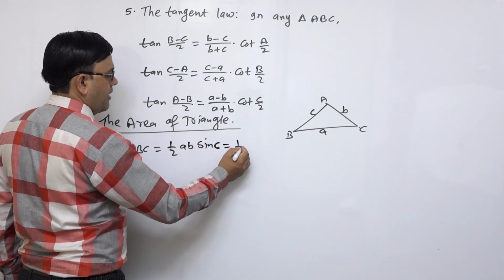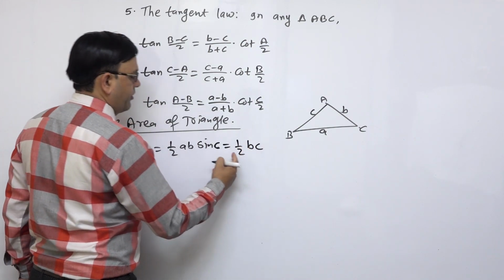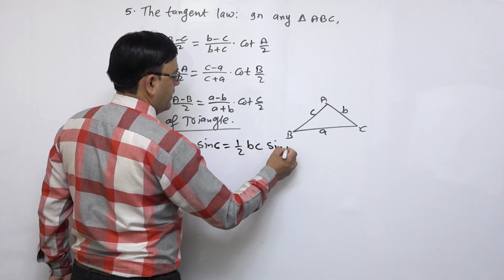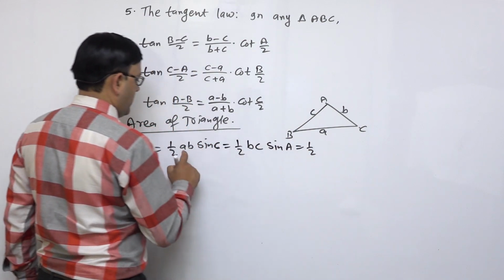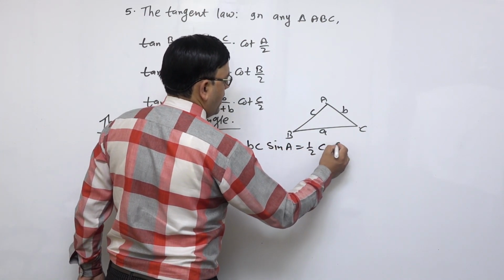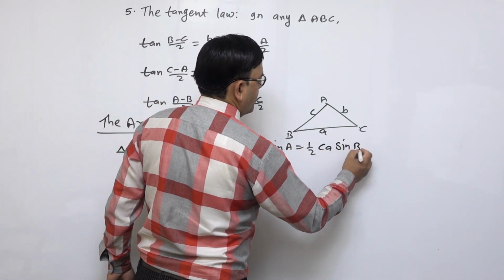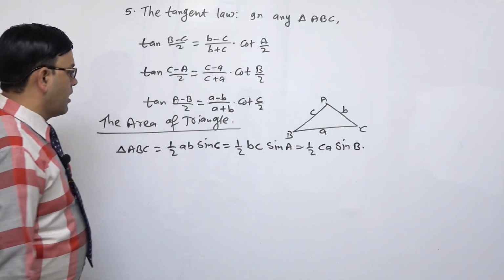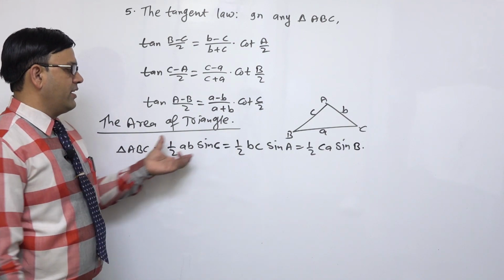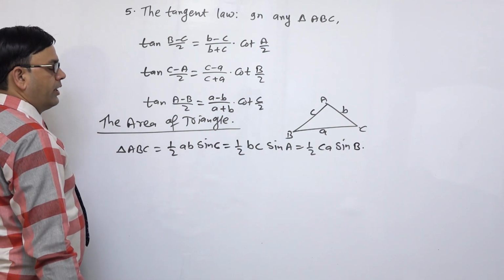This is equal to half bc sin A, which is equal to half ca sin B. This is the formula for the area of triangle ABC.